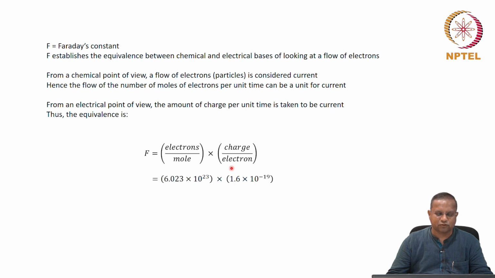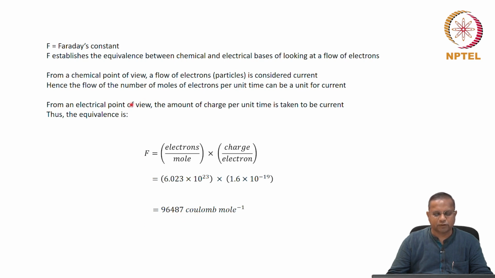So this is the number of electrons per mole, that's the Avogadro number, 6.023 times 10 power 23, and the charge of the electron is a physical constant, 1.6 times 10 power minus 19 coulombs. And therefore, the Faraday's constant is 96,487 coulomb per mole.